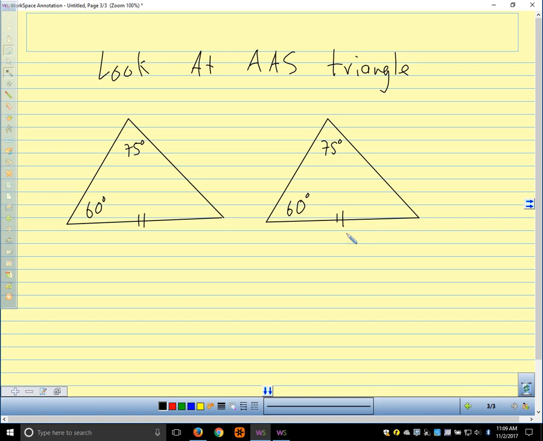So if we have a 60-degree angle and a 75-degree angle there, and a 60-degree and a 75 there, what do we know about these third angles? They have to be congruent, right? We talked about the third angle theorem. Well, we could also figure it out by saying all 3 of these angles have to add up to 180. All 3 of these have to add up to 180. Whatever I add to these 2 to get 180 is exactly the same as what I add to these 2 to get 180. So these 2 angles have to be congruent.